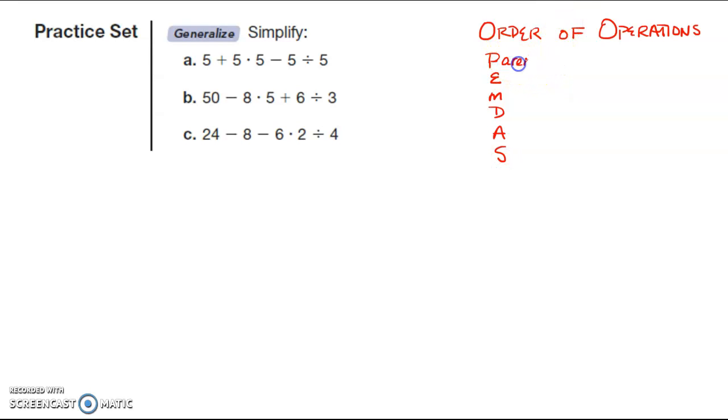It's parentheses, exponents, multiplication, division, addition, subtraction. And this is the order in which we need to go when we are solving these problems. So let's take a look at the first one.